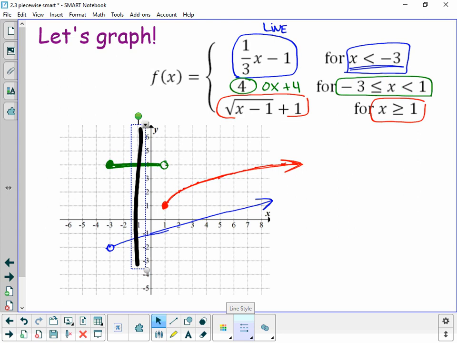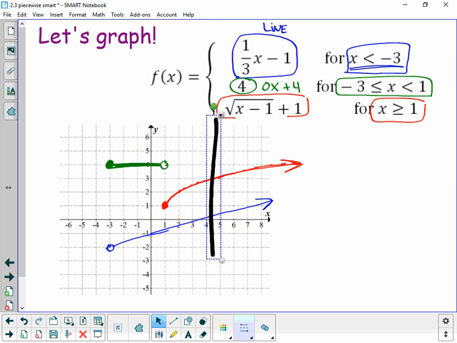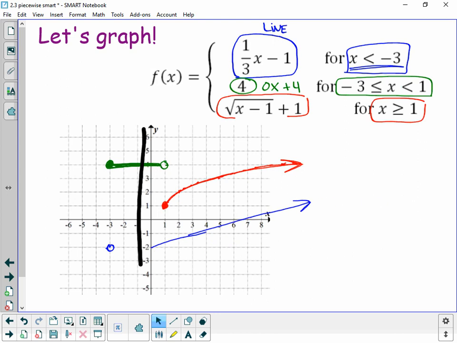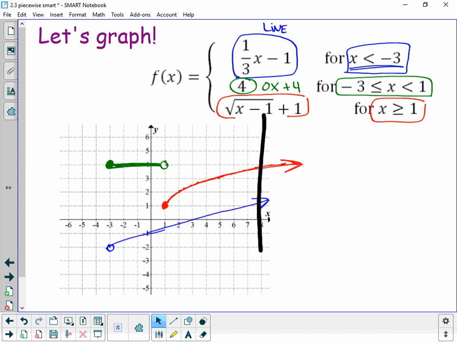I must have made an error because you can see these two parts are right on top of each other. It's not passing the vertical line test for functions. So I know that I've made an error immediately.